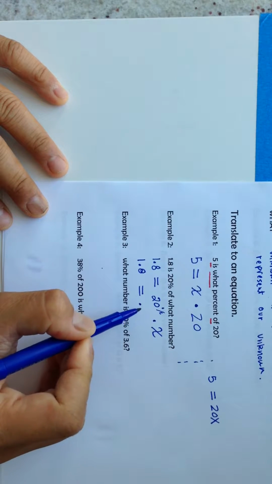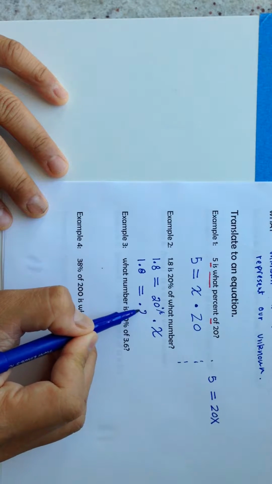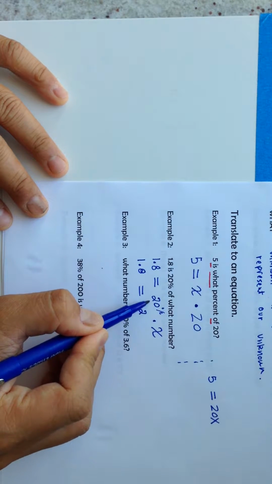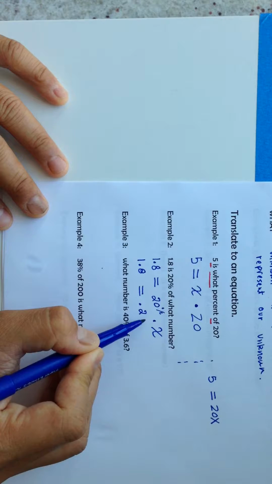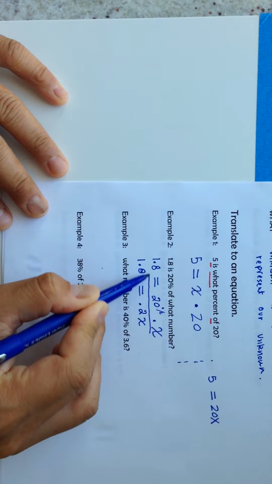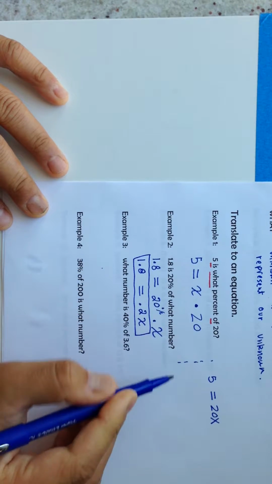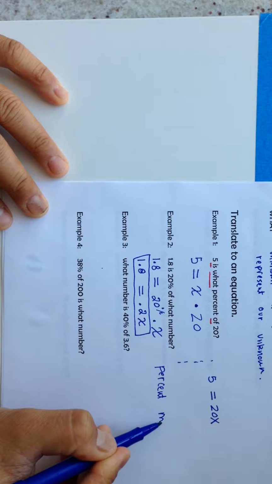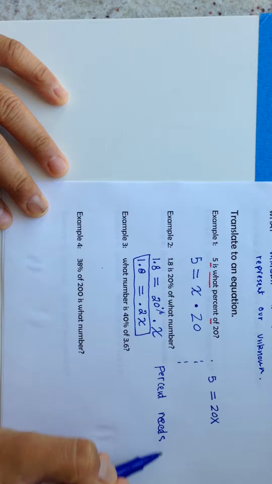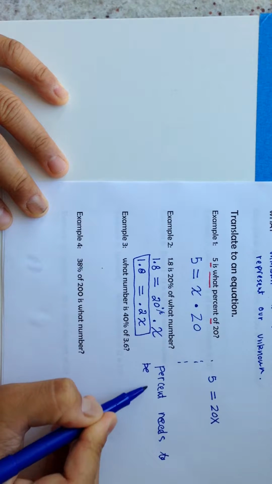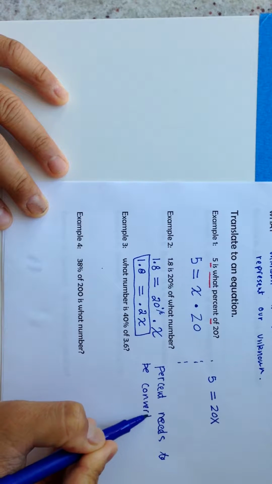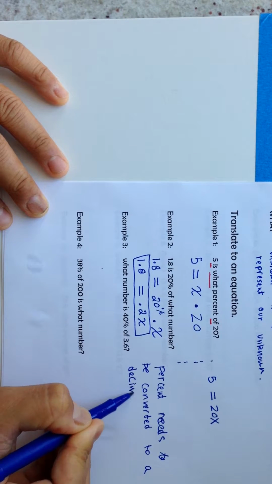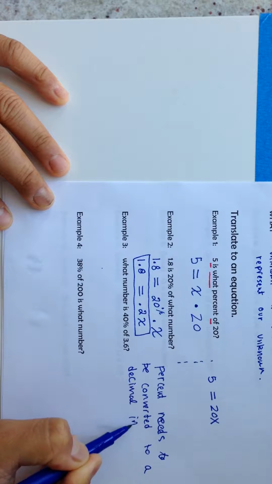From the previous lesson, you learned that to turn a percent into a decimal, you shift the decimal point 2 places to the left. So here we get 0.2x, and we're done. So percent needs to be converted to a decimal in an equation.